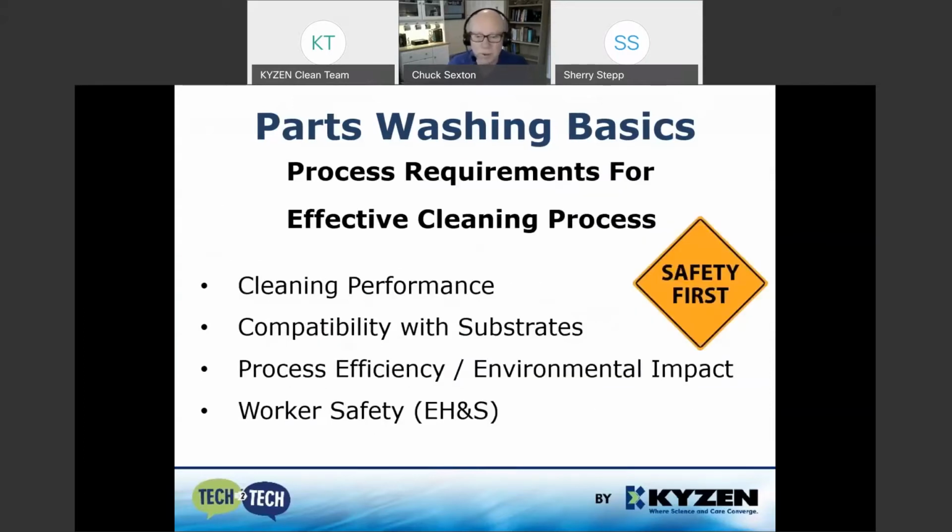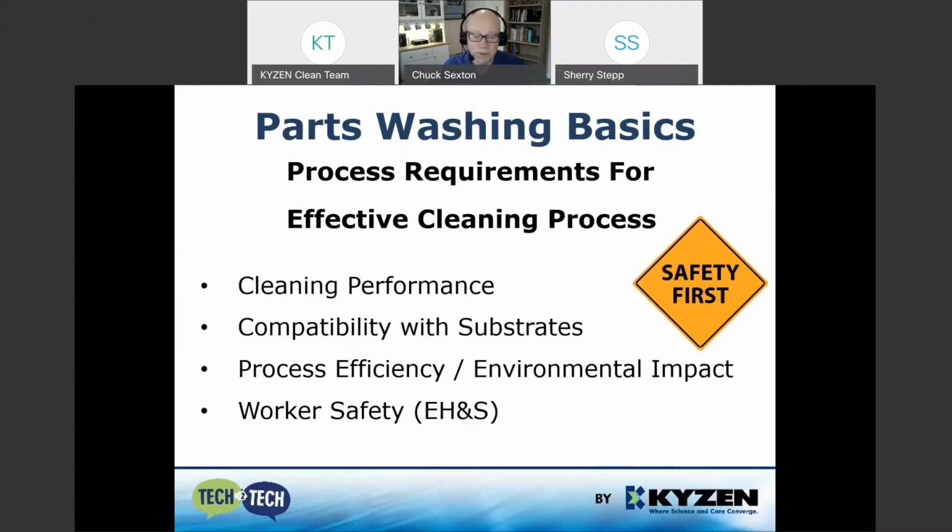The process requirements for an effective cleaning process, there are others, but I've sort of boiled them down to 4. Cleaning performance, so the cleaning process has to clean your parts well enough to meet your cleaning requirements, be it a millipore particulate spec or a residual organic test.